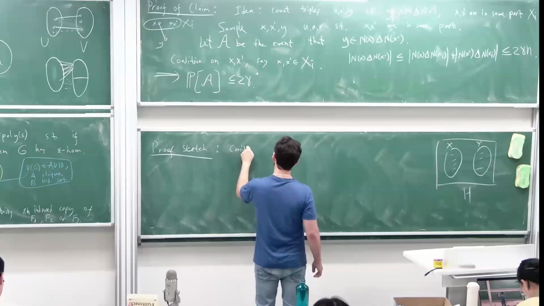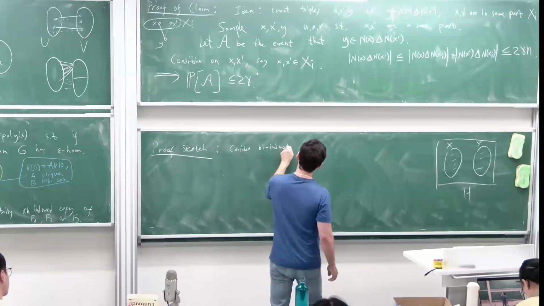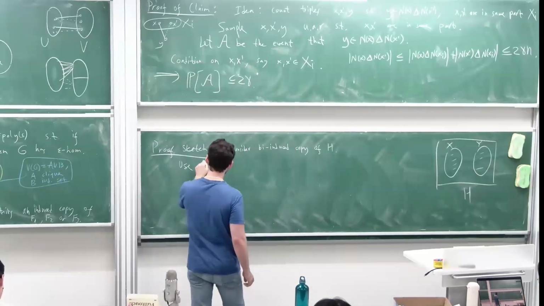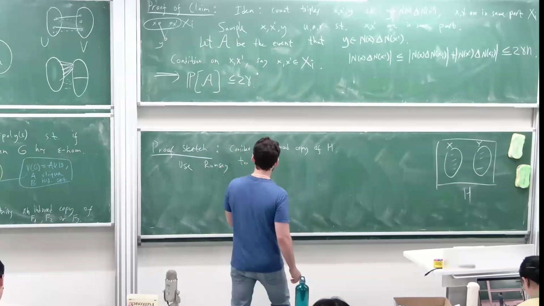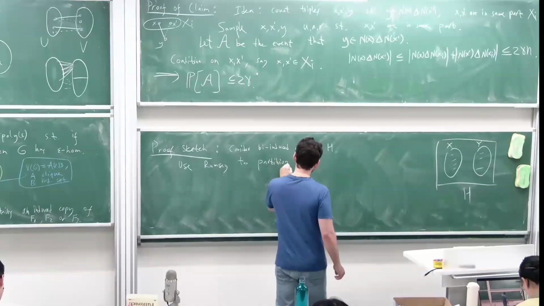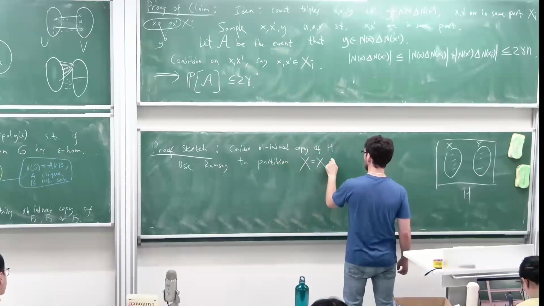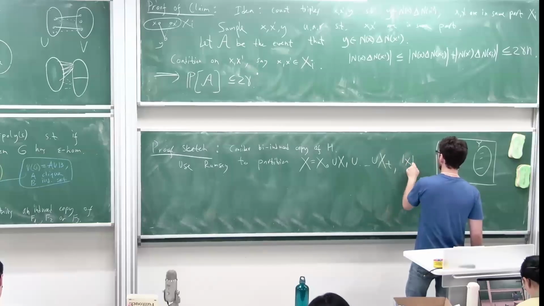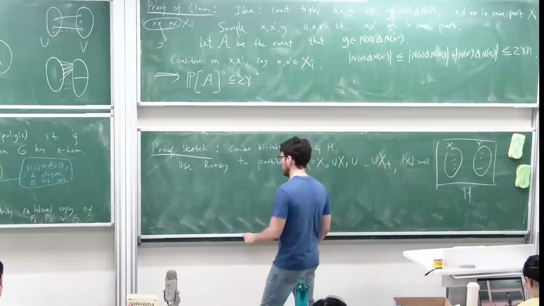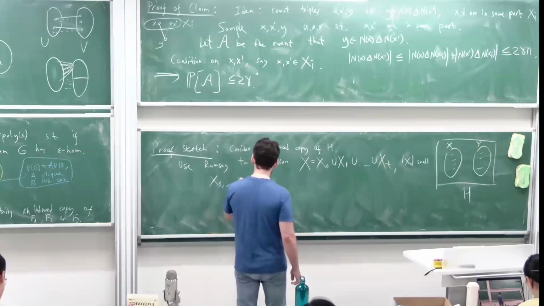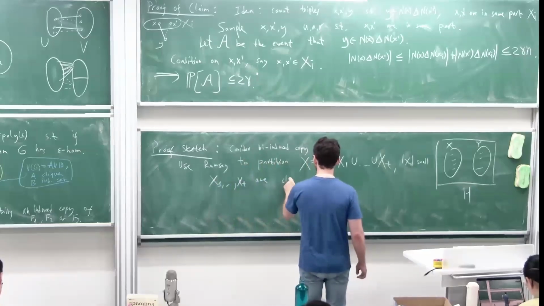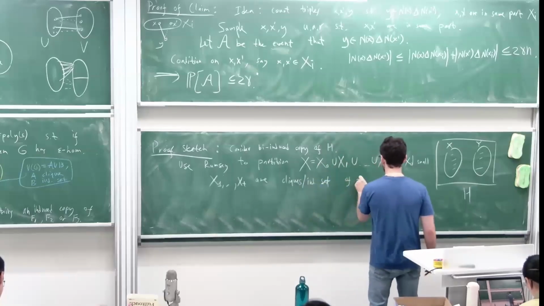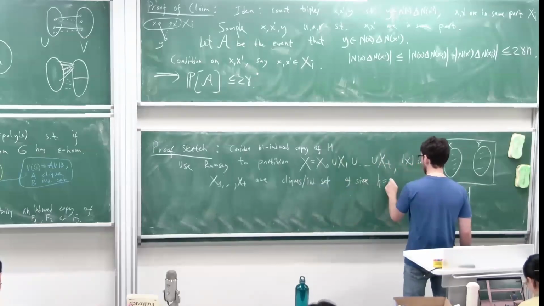Consider a bi-induced copy. Then use Ramsey to partition X into sets X0 and X1 up to XT, where X0 is small and X1 up to XT are each cliques or independent sets of size h, where h is the maximum.